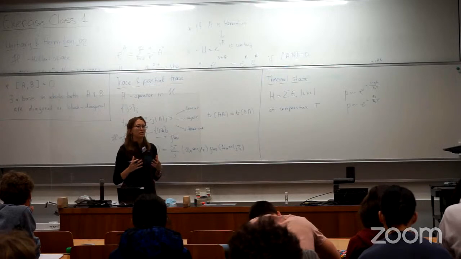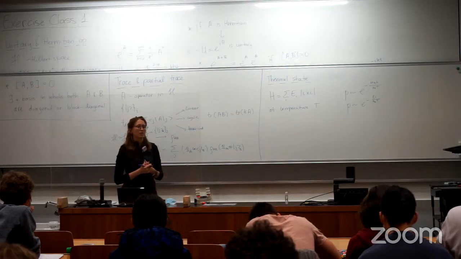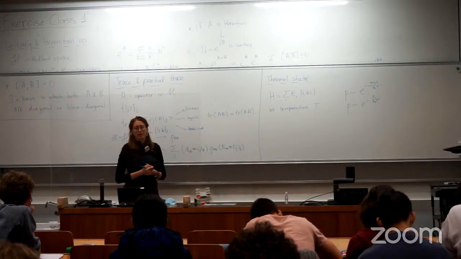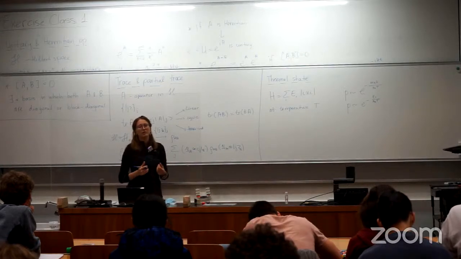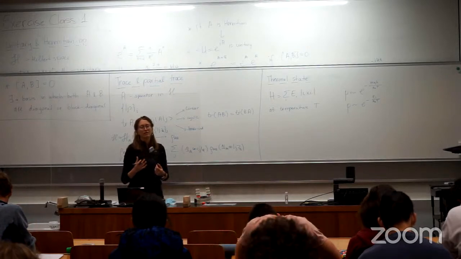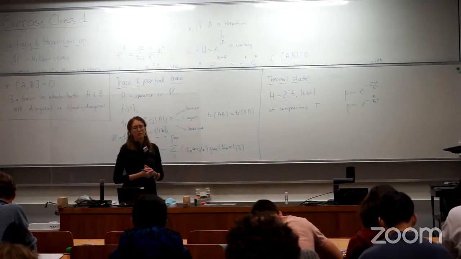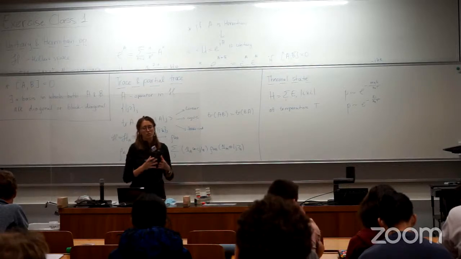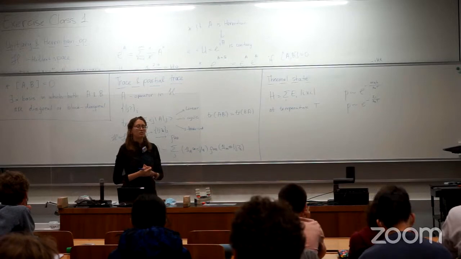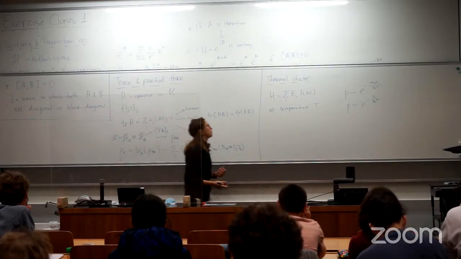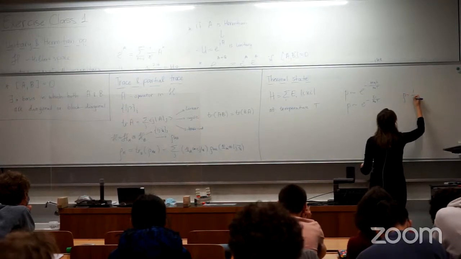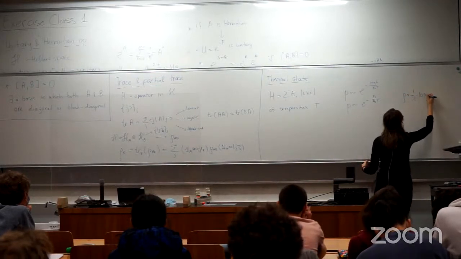For example, to describe a setting where you have a coin and it lands on heads with probability 1/2 and on tails with probability 1/2, you can write it as a density matrix rho, which would be 1/2 |0><0| plus 1/2 |1><1|.